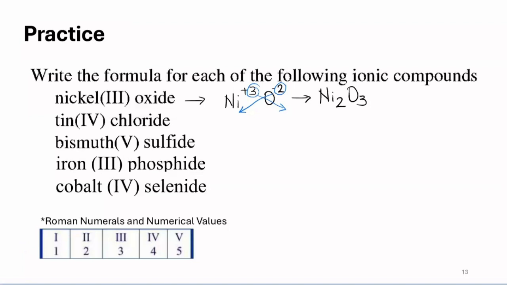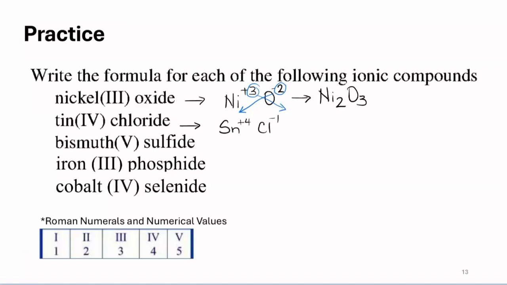Let's go through the next example. We have tin 4 chloride. First, we write the symbol for tin, which is Sn. Roman numeral 4 means that tin is positive 4. Chloride refers to chlorine with a -1 charge because it lives in 7A.